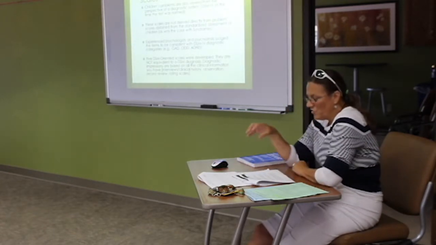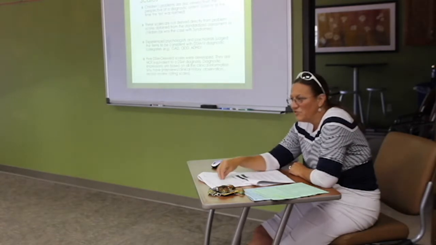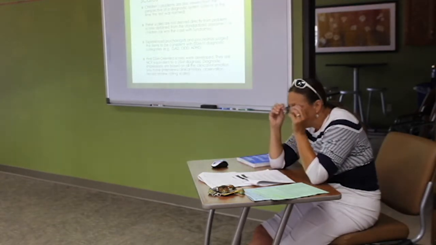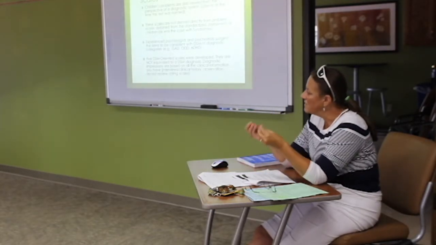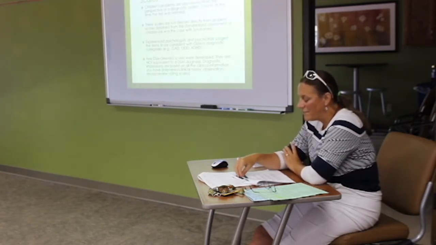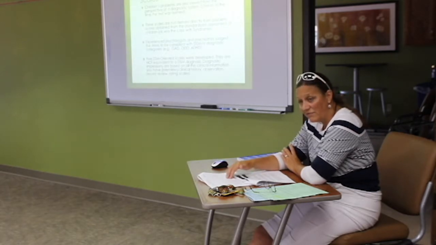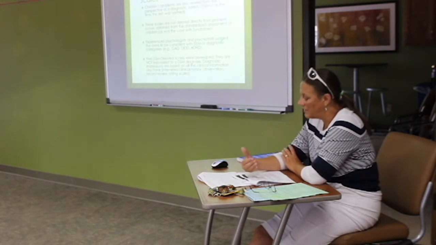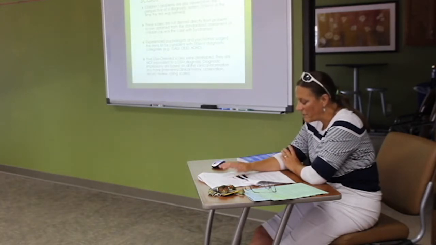Then, in addition to those problem items that are put on the syndrome scales, the problems can also be viewed from a diagnostic perspective. And so they put that under the DSM-4, at the time that it was developed, from the perspective of a diagnostic system.